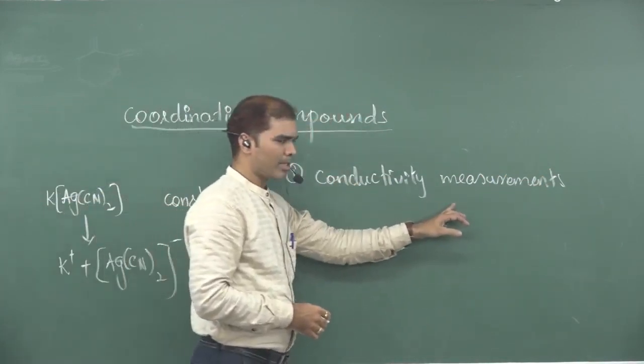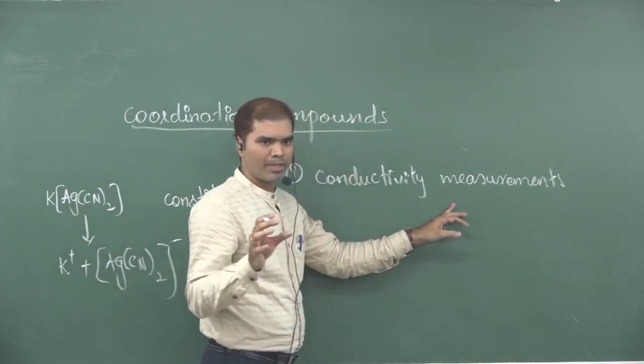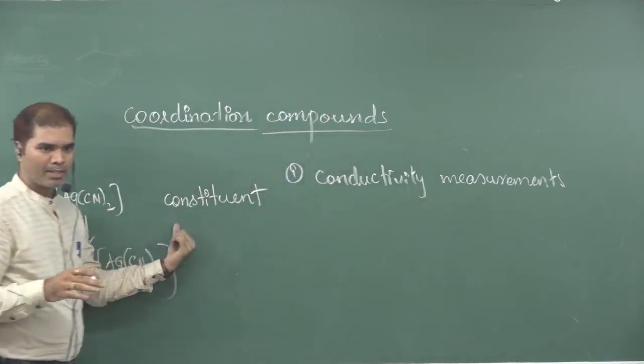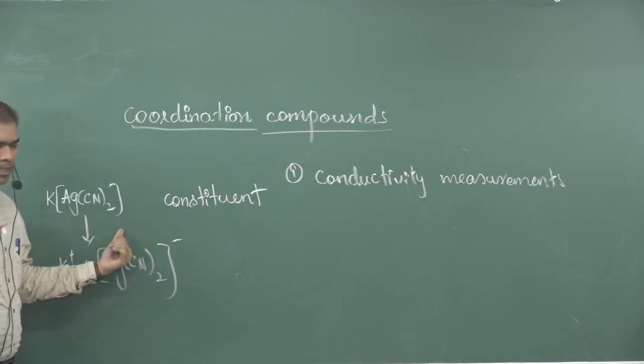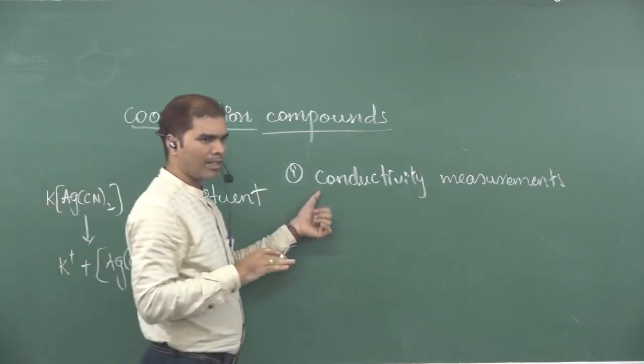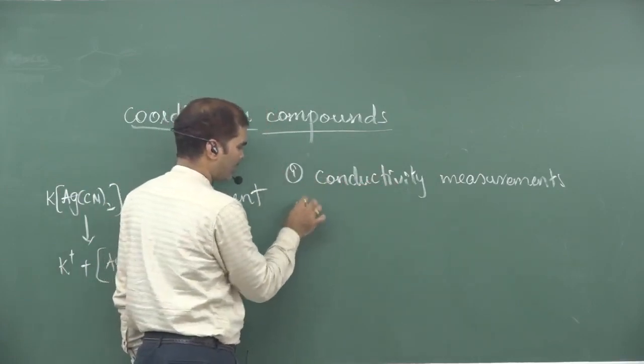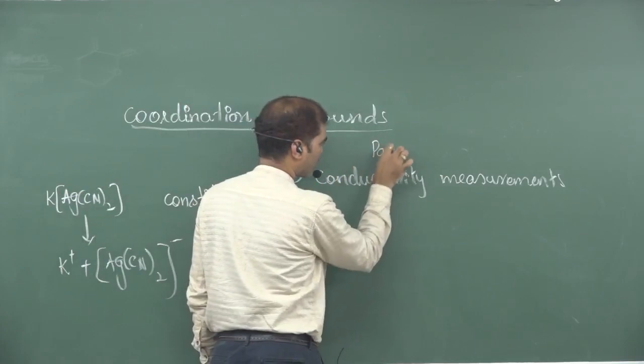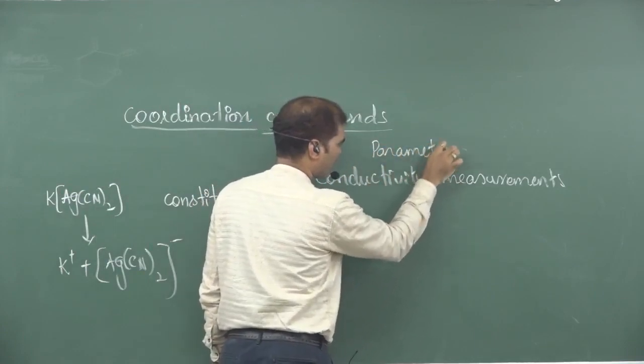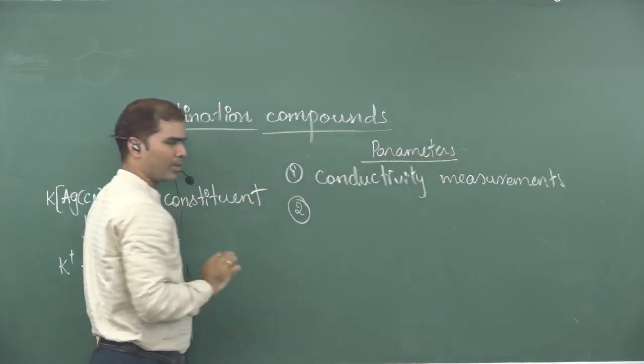But if I take a complex compound, I will not get all the constituent ions. The number of ions is less. So conductivity, whatever is expected, will drop. So conductivity measurement is one of the best parameters to understand whether a complex compound has formed.